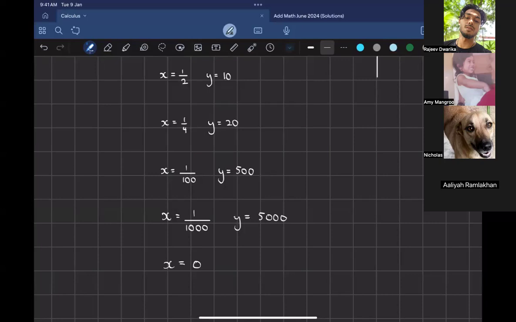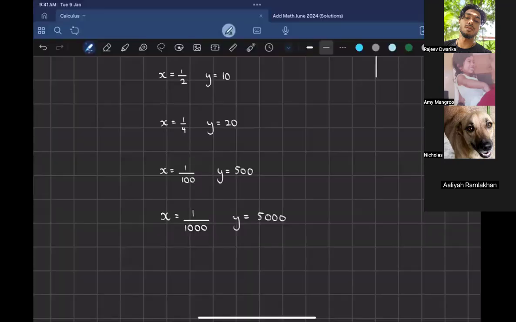So what I want you to take away from this is as x approaches zero, y tends to... Think about it. The number's getting bigger. So it would tend to... That's true, but I'm looking for a specific word.